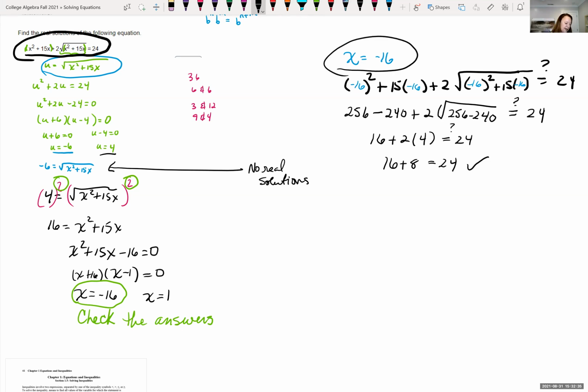And now we have to do the exact same thing for when x was 1. So if x equals 1, again, we're going to put parentheses wherever we saw an x in the original equation, and then inside, we're going to put a 1.